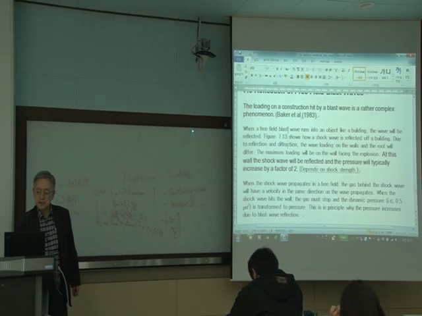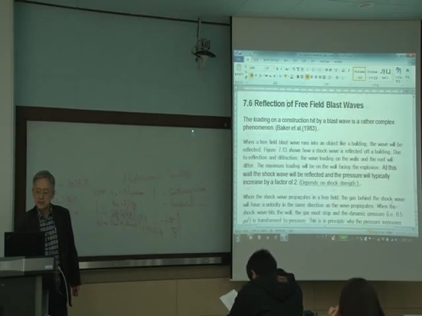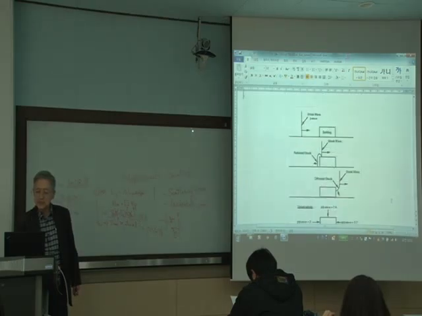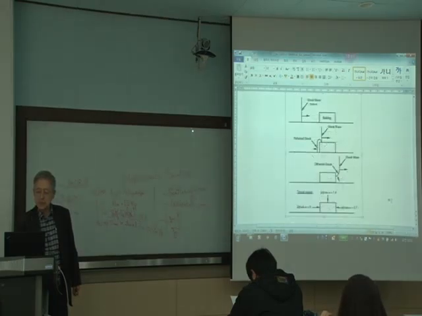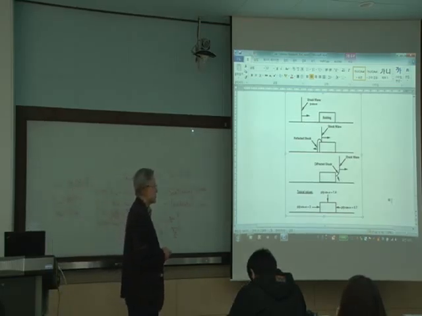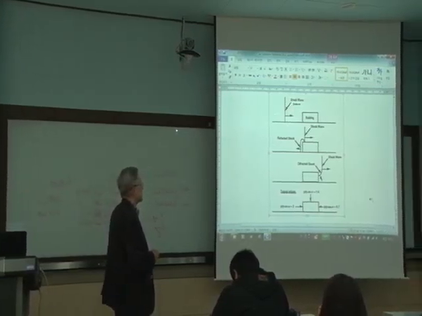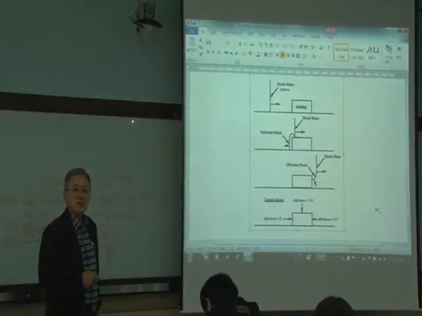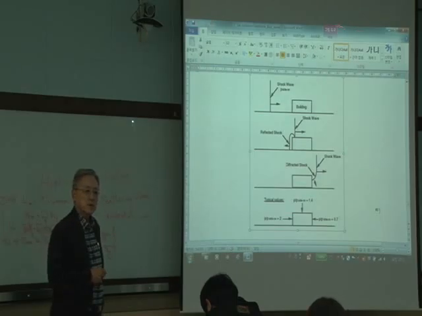This reflection, I mentioned briefly already, is the free field blast wave. This is very interesting, it shows the propagation of a wave, and it shows all different kinds of waves. Shock wave, this is the side-on shock wave, or side-on wave, or side-on gas explosion wave.